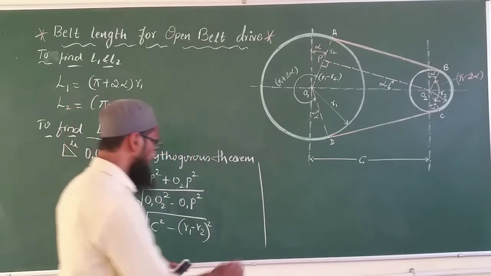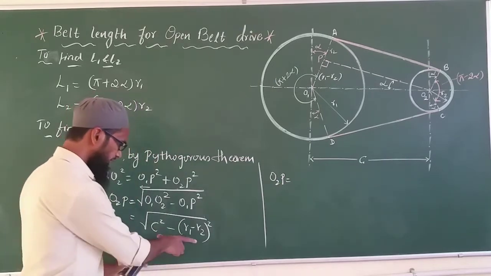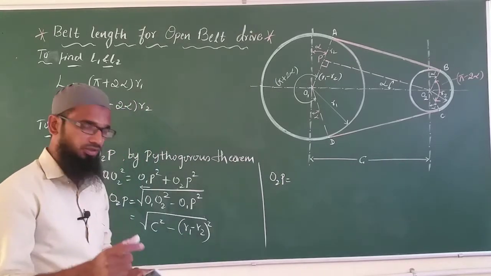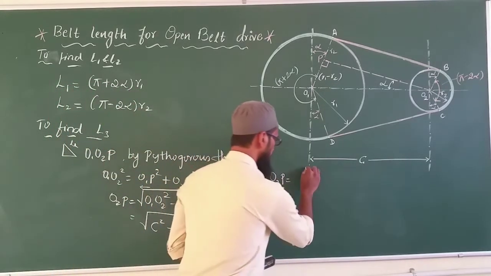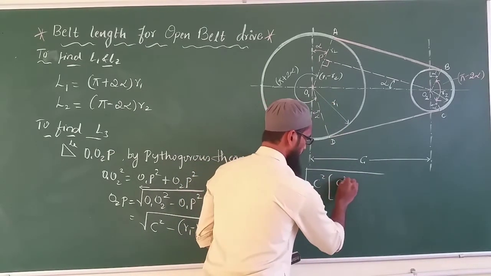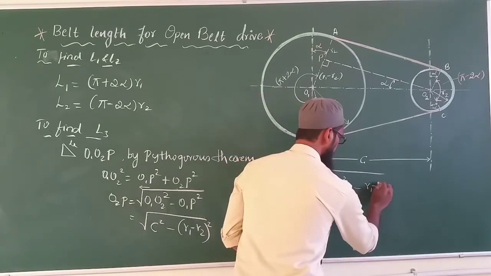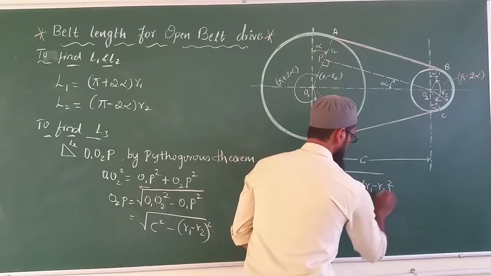Now for this O2 P, within this square root I take C square common here. If I take C square common, I have to divide by C square also. So this becomes R1 minus R2 whole square by C square.